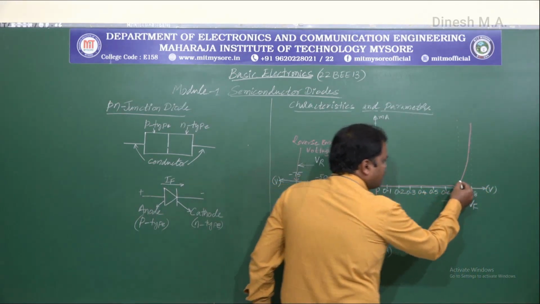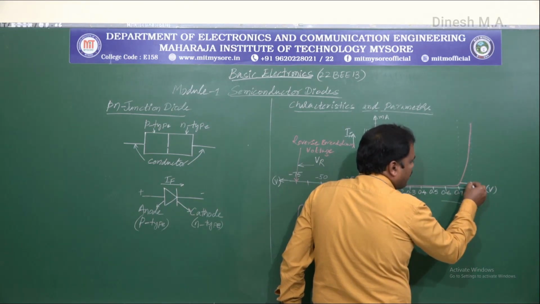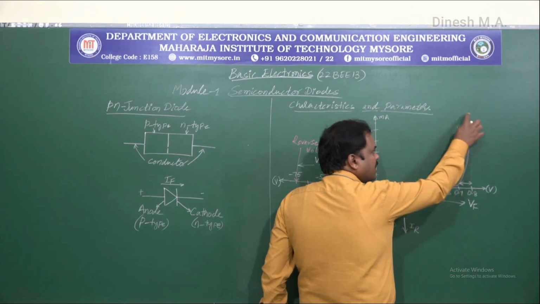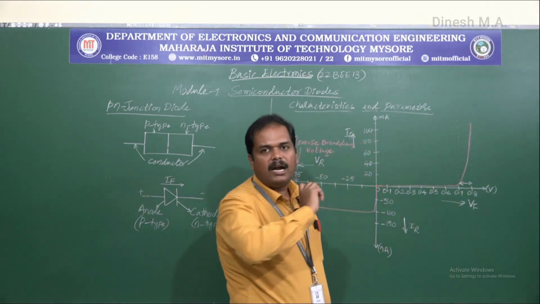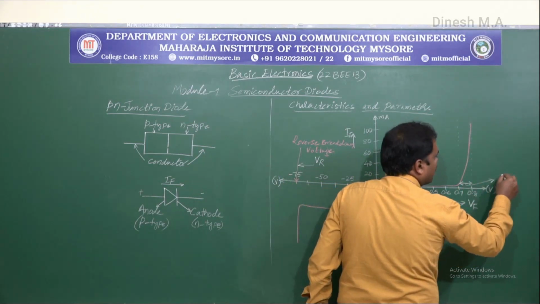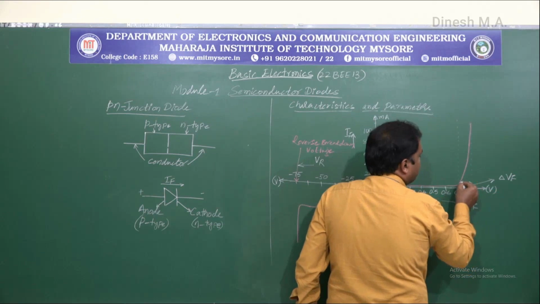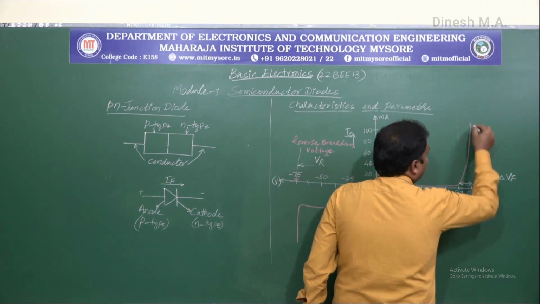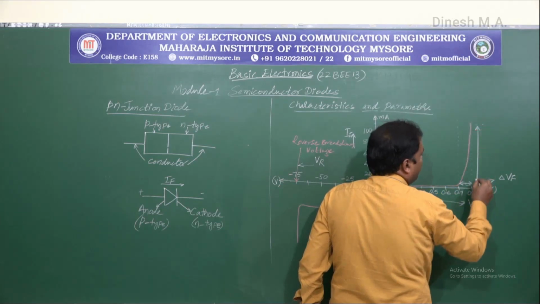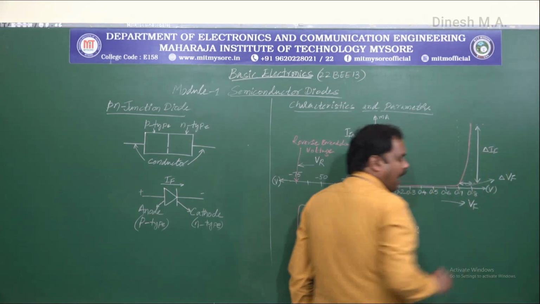The change in the forward voltage that causes the rise in the forward current, we'll call delta VF, and the change in the current, we'll call delta IF.